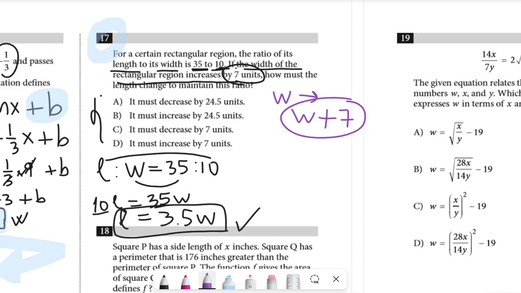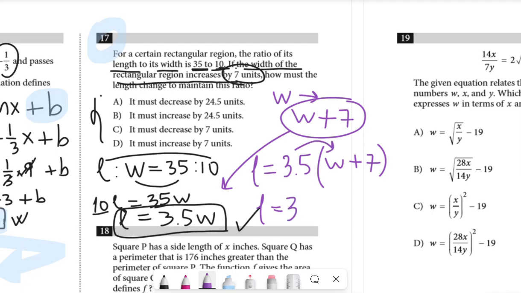Then what happens if we put it here? So length will be equal to 3.5 multiplied by, instead of width, width increased by 7, which means length is equal to 3.5 width plus 3.5 multiplied by 7.